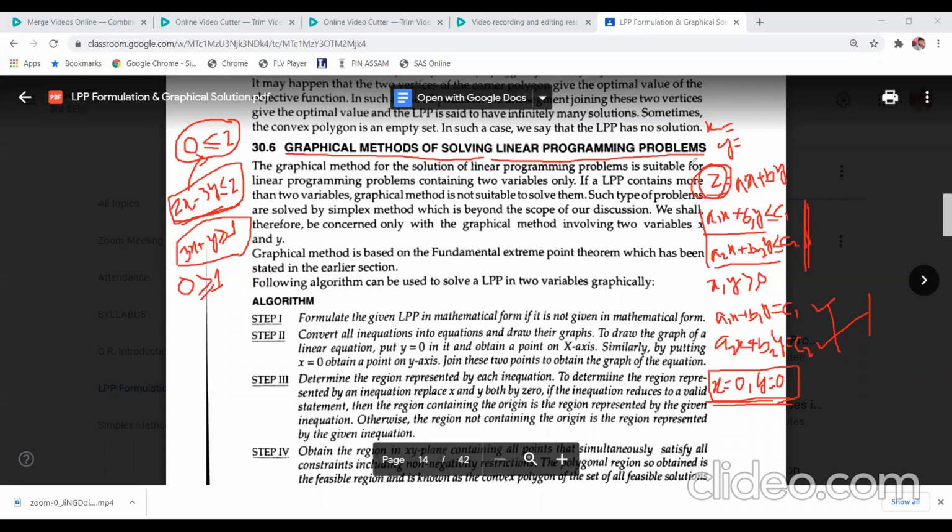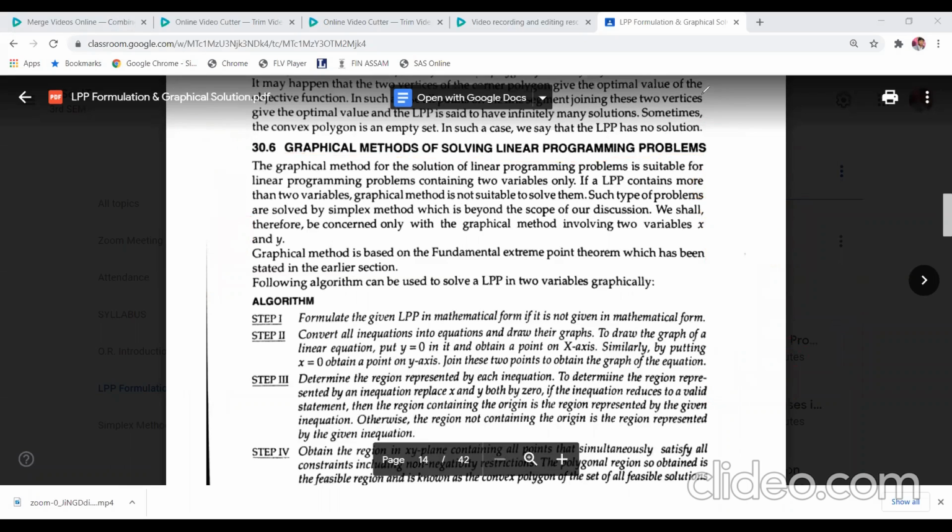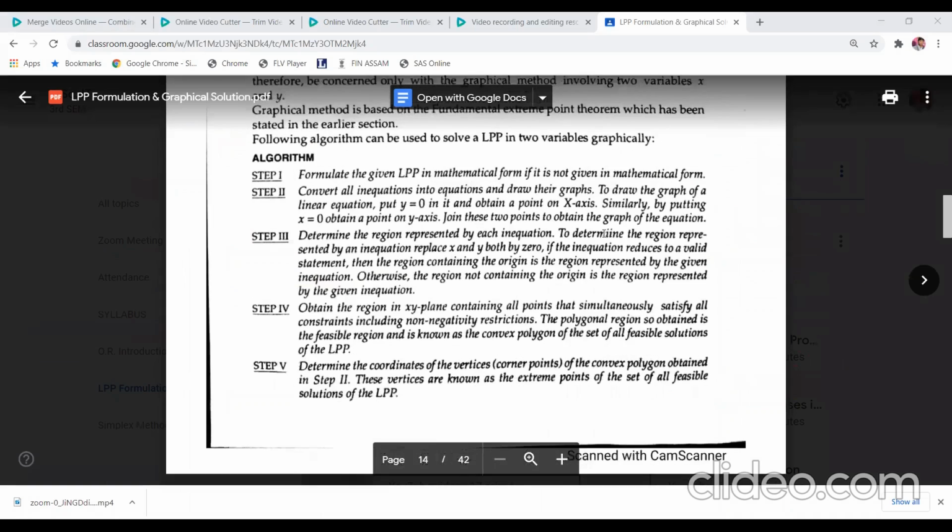So this is all about the method of solving a linear programming problem using the graphical method. Now let's see one example, and you will get more clarity from it.